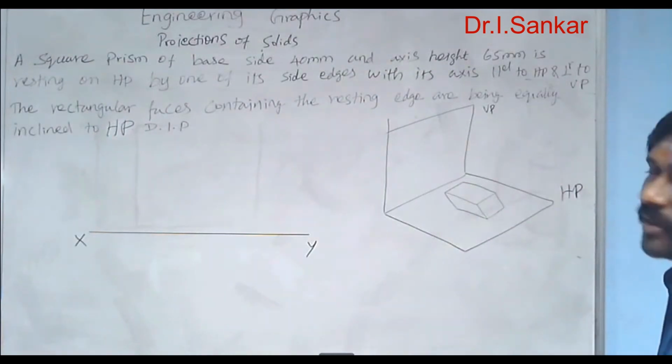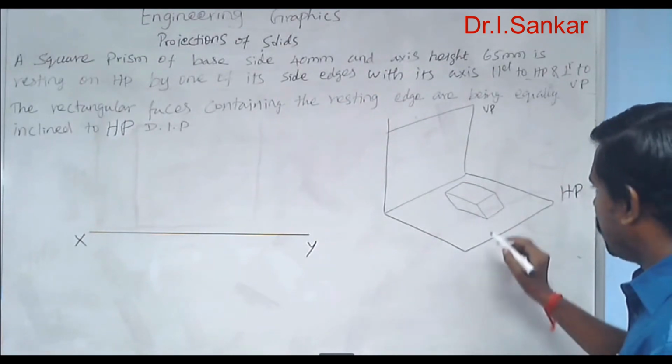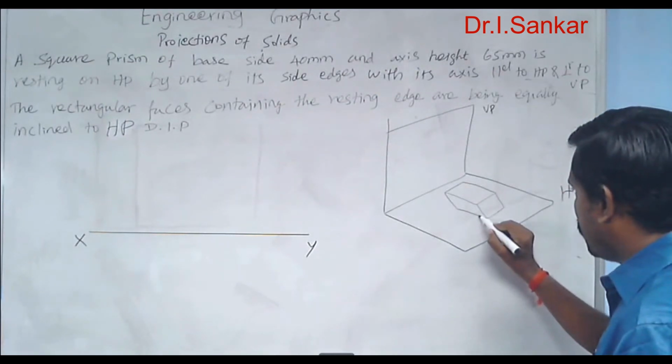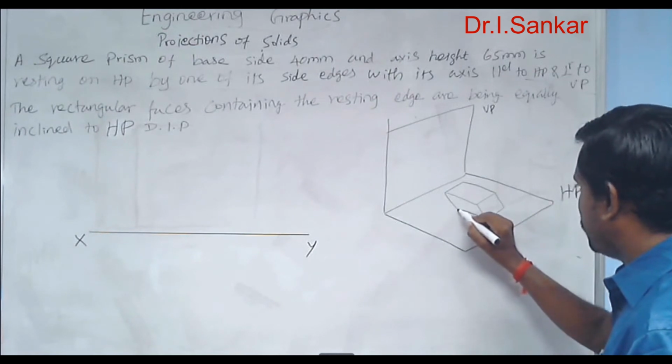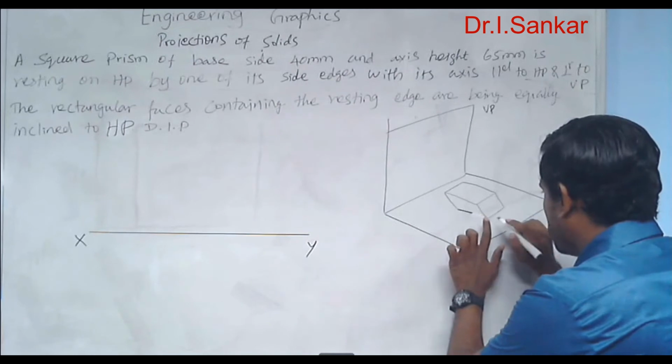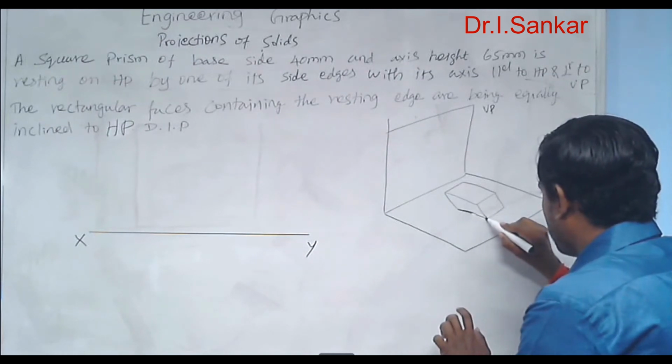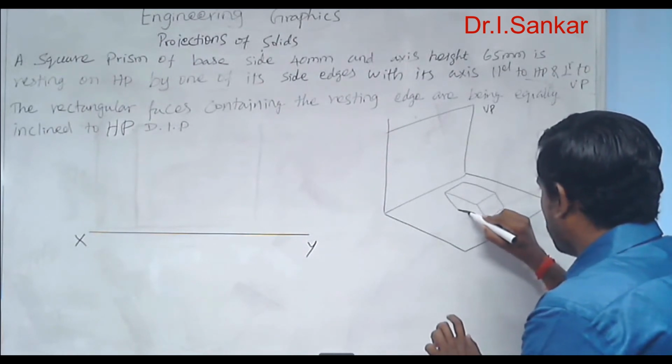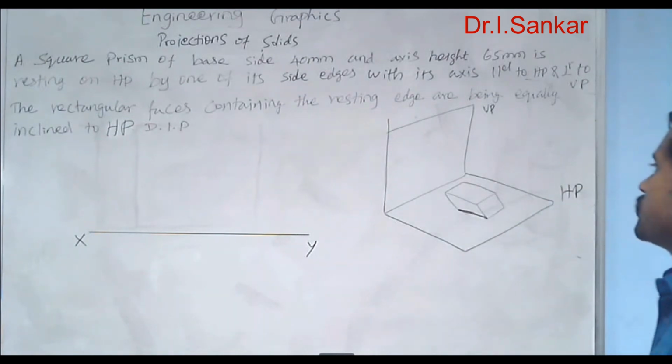In this way, it is resting in the horizontal plane with one of its side edges. So this is the side edge which is resting on the HP. I am darkening it for your understanding purpose only.